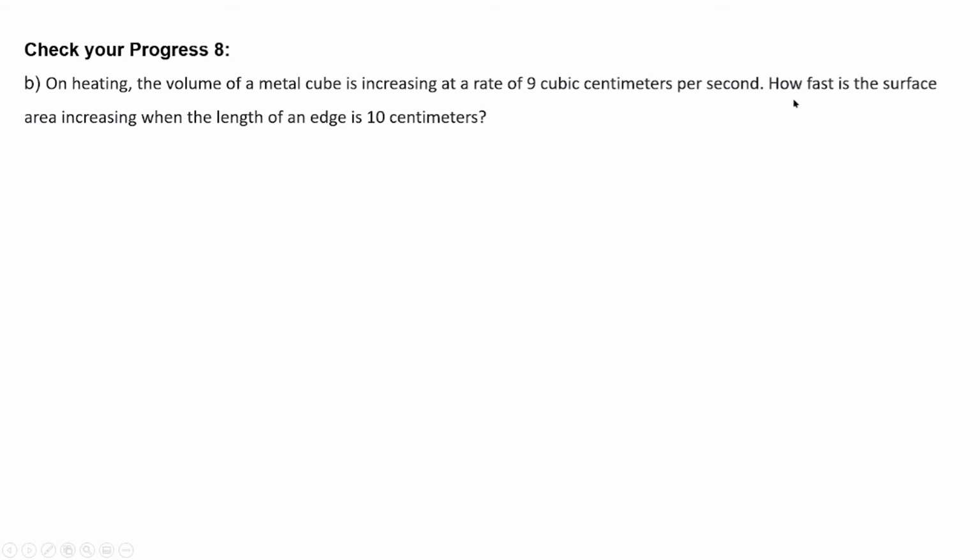We need to find how fast is the surface area increasing when the length of the edge is 10 centimeter. So let the side of the cube be a centimeter, then volume of the cube will be a cube centimeter cube.